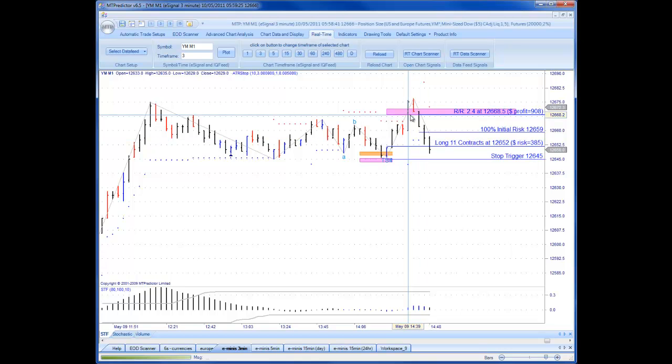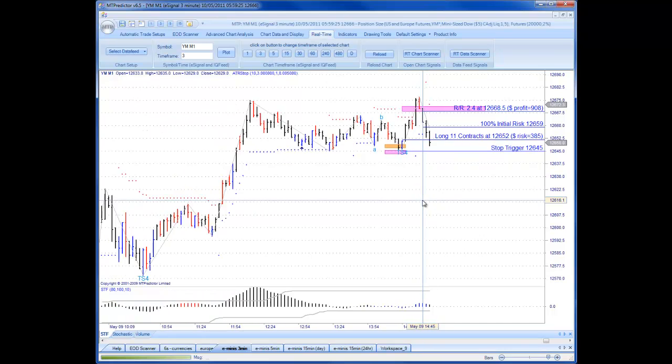So it's the reverse of what we saw earlier, where earlier we assumed that the STF was strong, therefore the market was trending. This time the STF is weak, therefore we assume the market is choppy or sideways, therefore we want to take profits earlier. So this would have meant banking a nice plus 2.4R profit there.